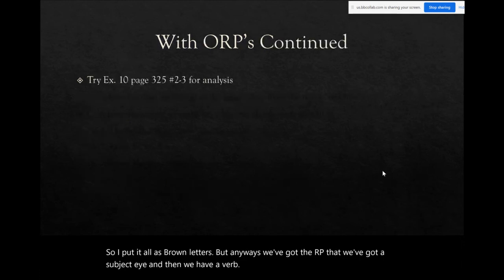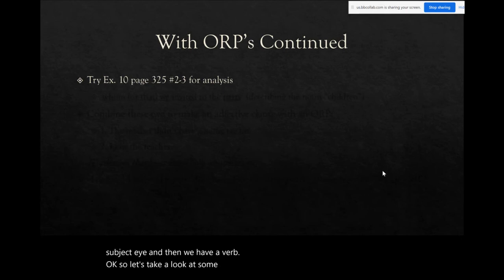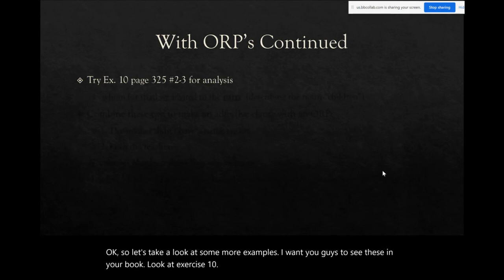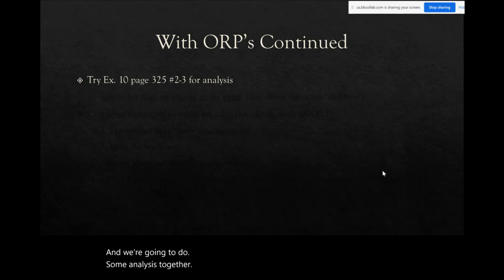Okay, so let's take a look at some more examples. I want you guys to see these in your book. Look at exercise 10, and we're going to do some analysis together. So you need to get your pencil. This is what we call active learning. I want you to circle the ORP and then label subject and verb.